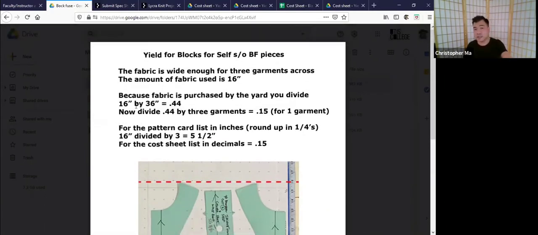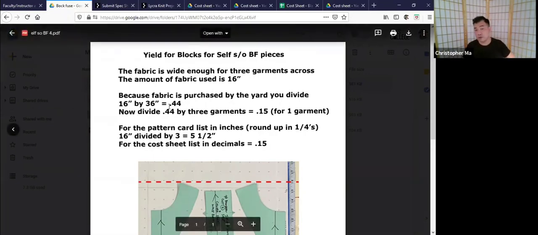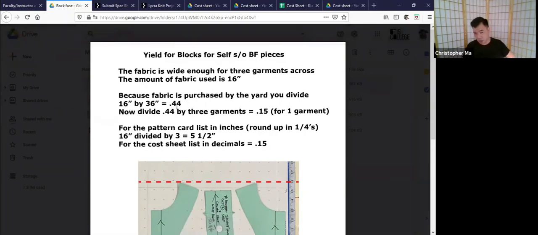But we're going to use that right now. So 16 inches divided by 36, you always divide by 36, you always start with the length of the fabric you use divided by 36. So you actually need 0.44 yards to make 3 blocks of block fusing.